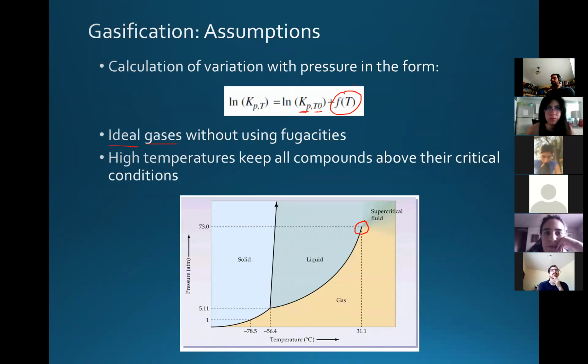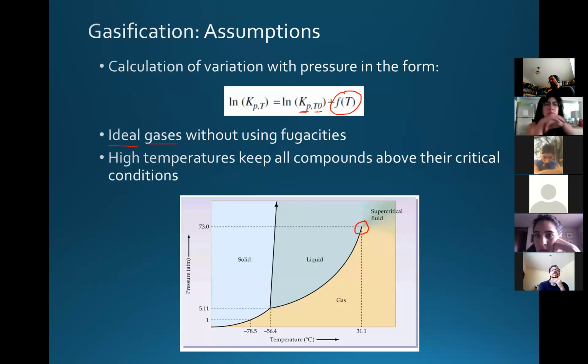But if you want to model them more correctly, you have to use a property called the fugacity. If you have an ideal gas, the fugacity is the same as the pressure. But if the gas behaves non-ideally, you have to use fugacities for it.